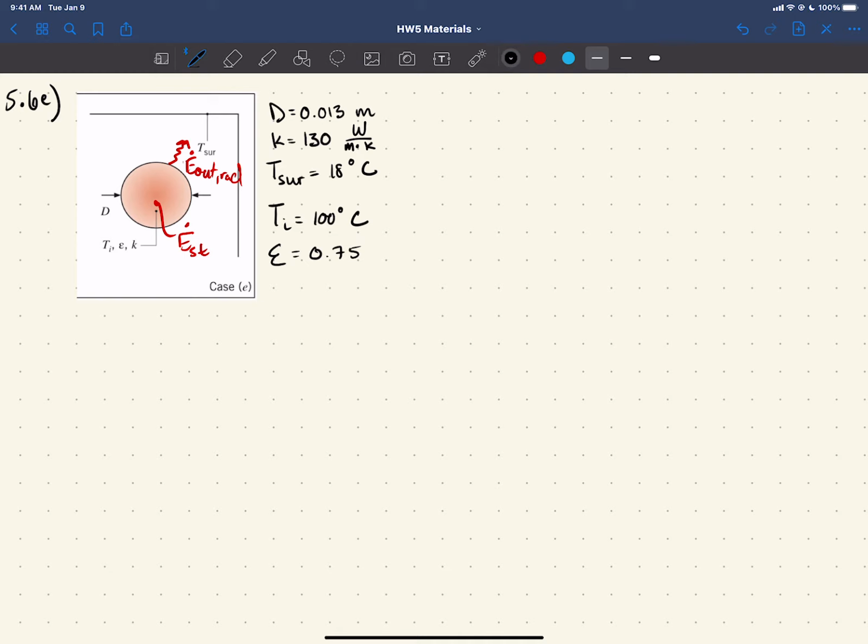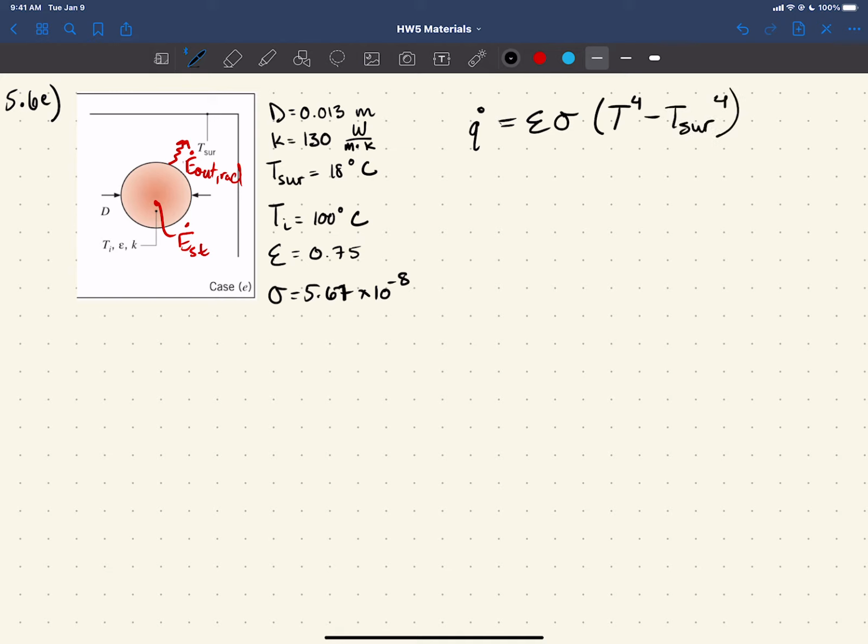If you remember, a problem came up in lecture where he did some funky math with radiation. Q dot for radiation is the emissivity times sigma, the Stefan-Boltzmann constant, which is about 5.67 times 10 to the minus 8th, times T to the 4th minus T surroundings to the 4th.